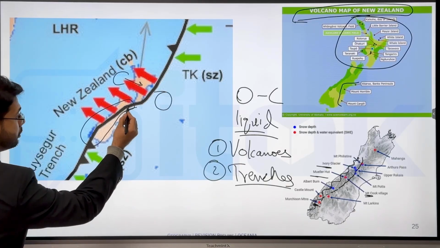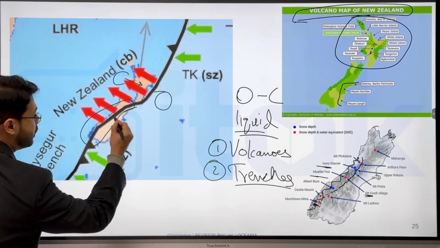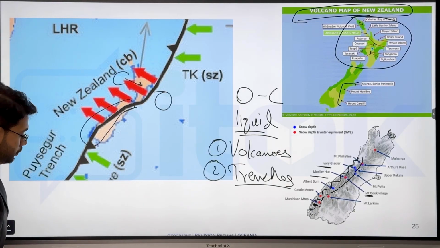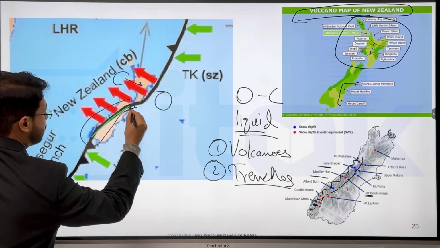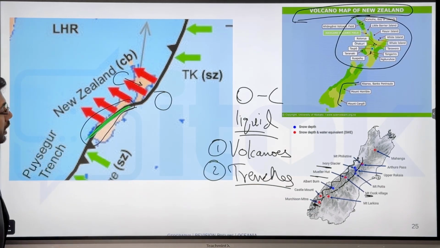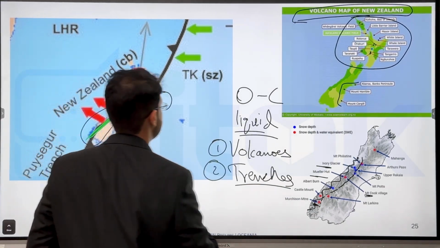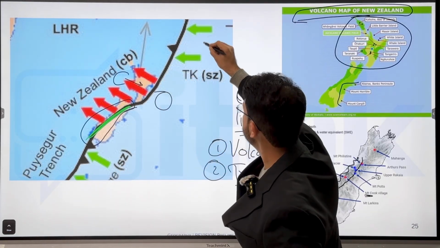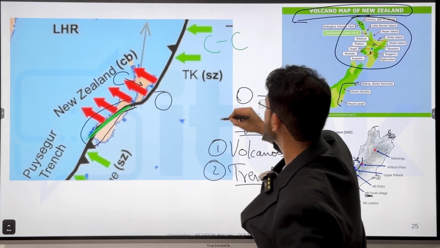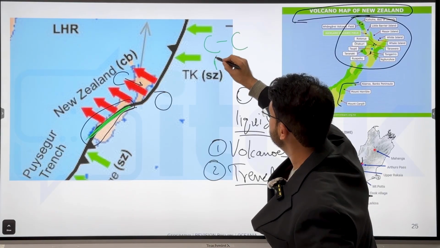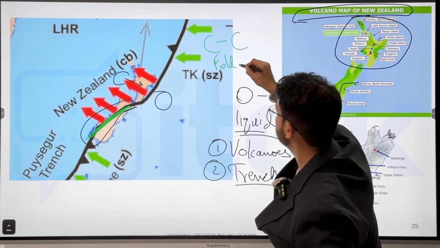Now, in the middle of the southern island of New Zealand, there is a continent collision taking place. And what does this continent collision give us? Continent collision gives us fold mountains, young fold mountains.